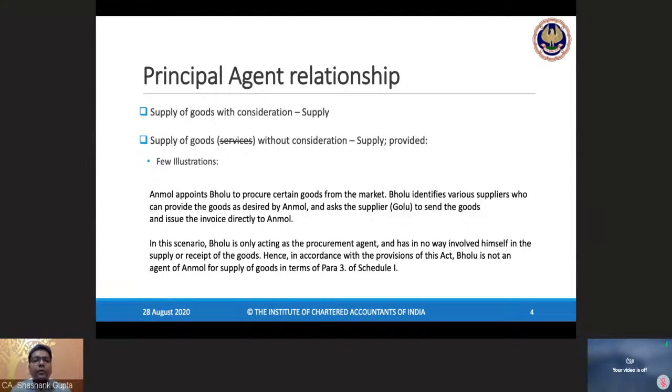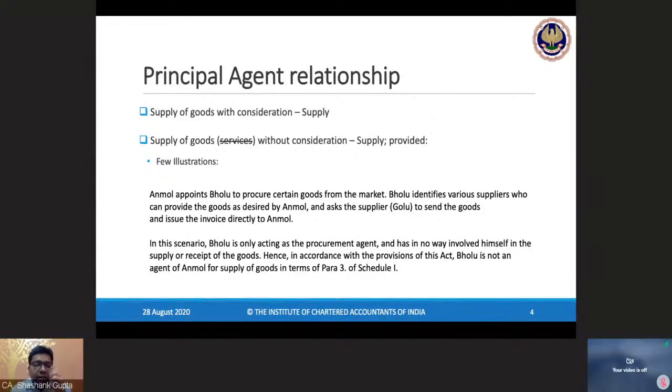Will I be liable to deposit GST or not, or should I see, okay, this is Del Credere, so yes, this is C&F, so no? No need. Because if there is consideration attached to it, then agent or no agent, it is simply a normal case of supply which will be liable to tax under GST, subject to the fact that the supply of goods is not exempted or non-taxable. That's a separate aspect.